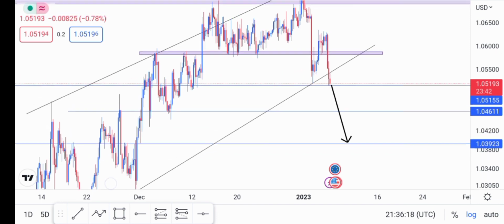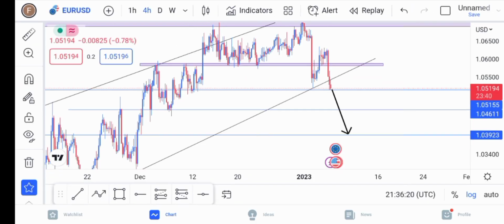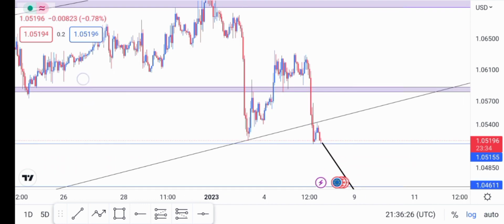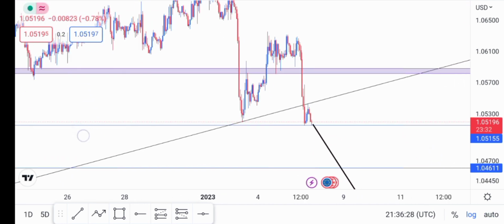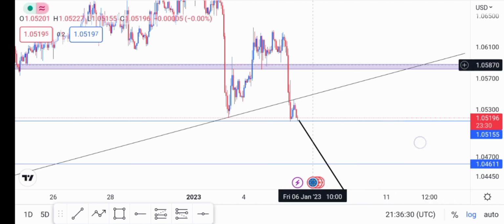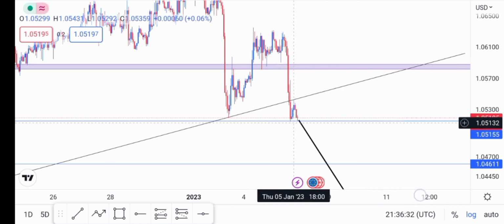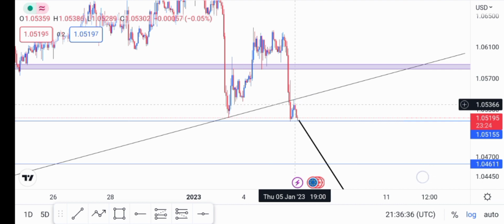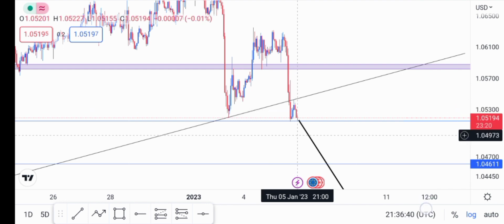All right, so let us move to the 1 hour time frame to confirm actually. All right, so this is what I'm saying, guys. You can see that we did break out of this area here, and the market touched this level here and retested this trend line. So this could be a false breakout, or this could be a push to the lower side.